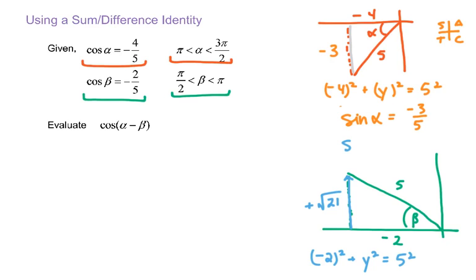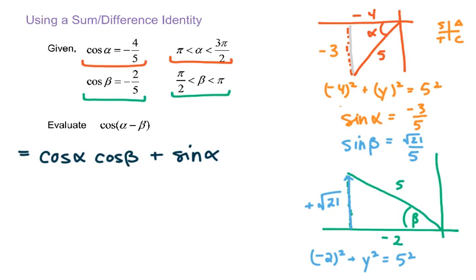So what is sine of beta? Sine of beta, opposite over hypotenuse, is root 21 over 5. And sine is positive in quadrant 2, so it makes sense that we have a positive output value here. Rewriting my definition, I erased it so I would have more space: cosine alpha times cosine beta plus sine alpha times sine beta.